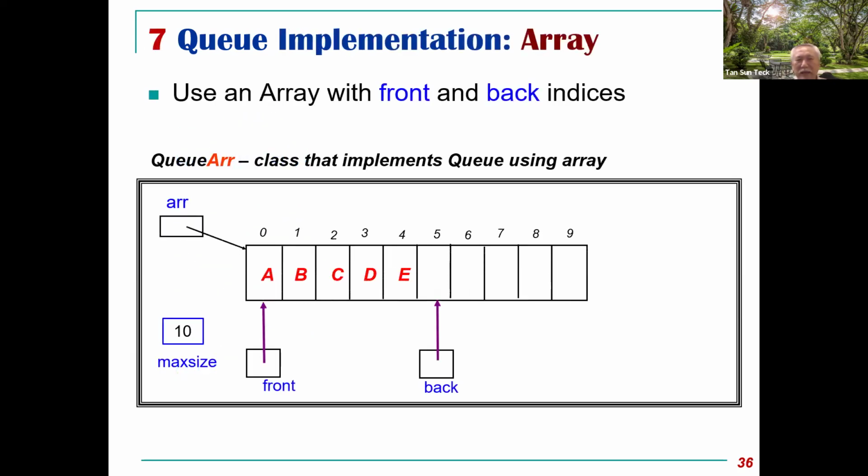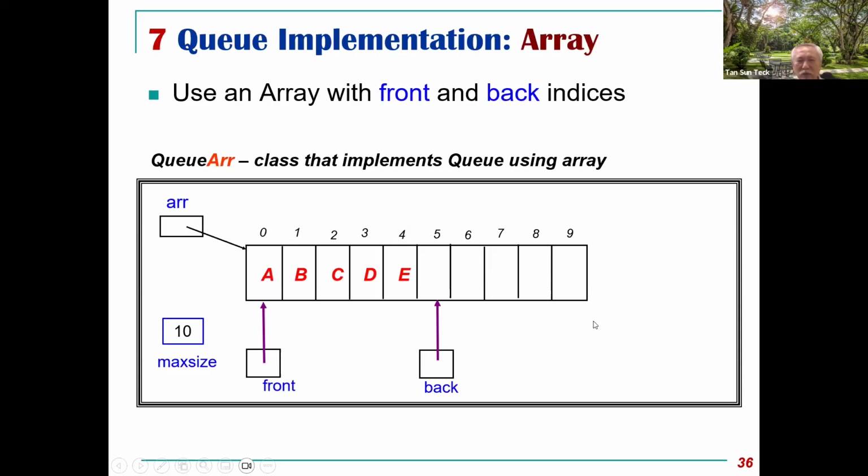Okay, so using an array to implement a queue is easy because you just move the front pointer and the back pointer when you are putting elements inside there and when you are removing the elements, right? But there's a problem, because when you are always adding and removing, the front pointer is going to go toward the back, and then there will be some empty space in front, and eventually both of them are going to go to the last element in the array.